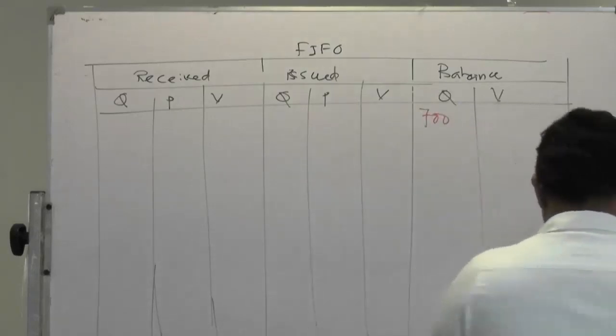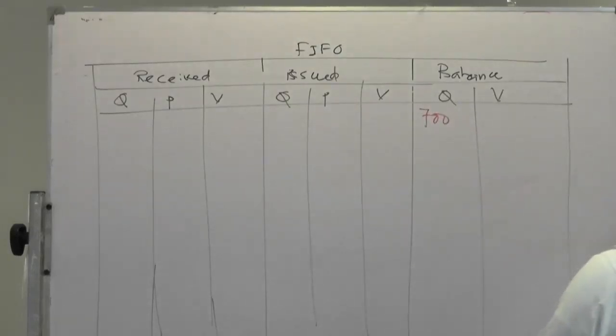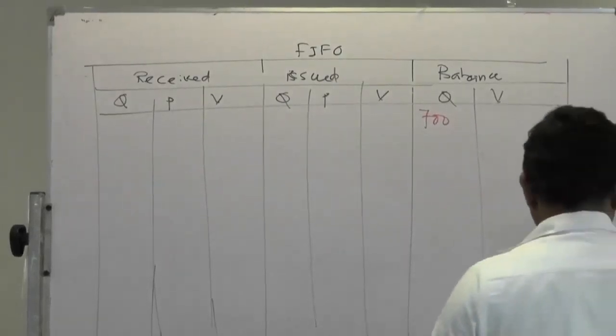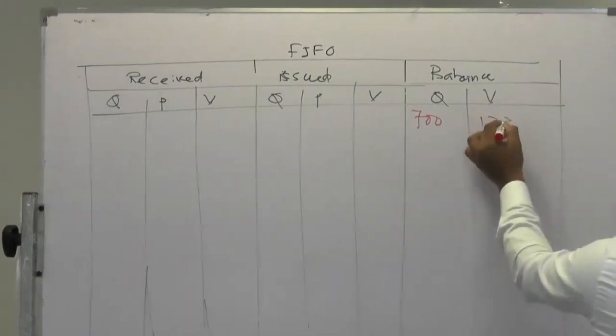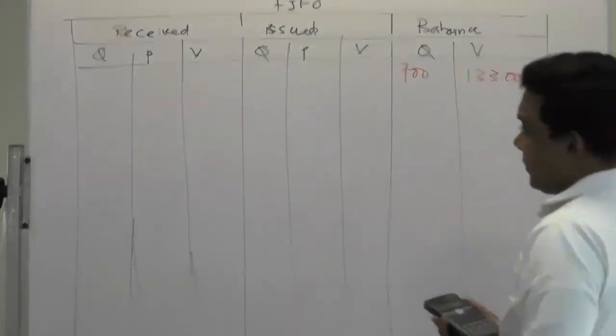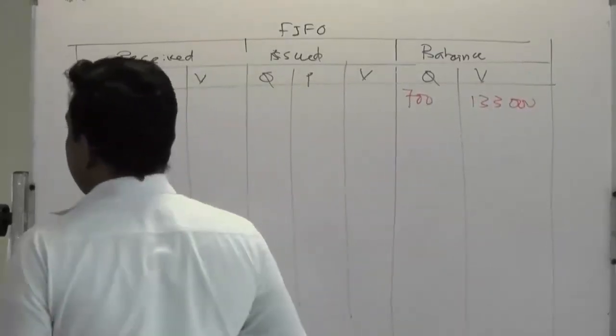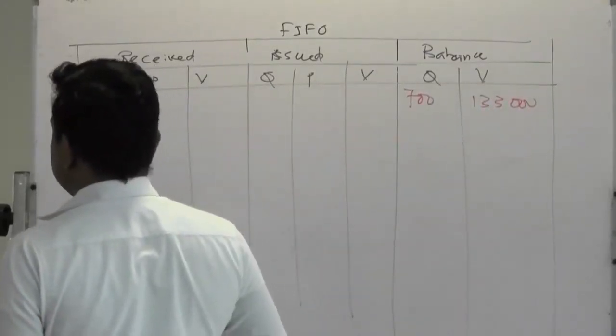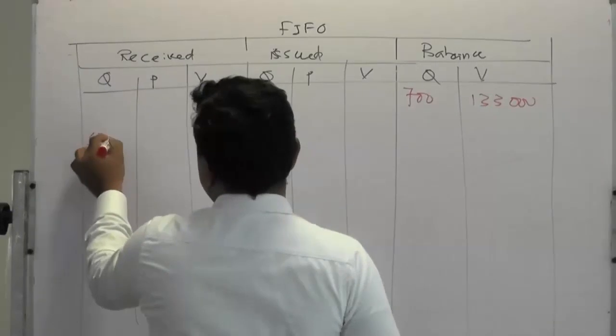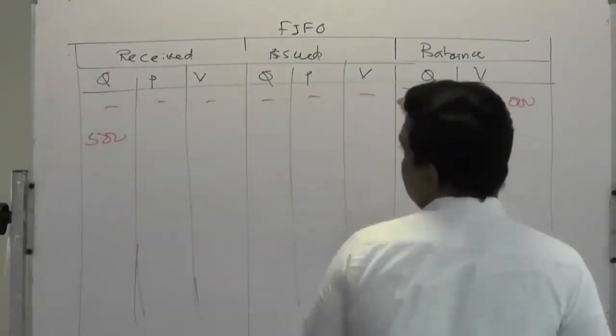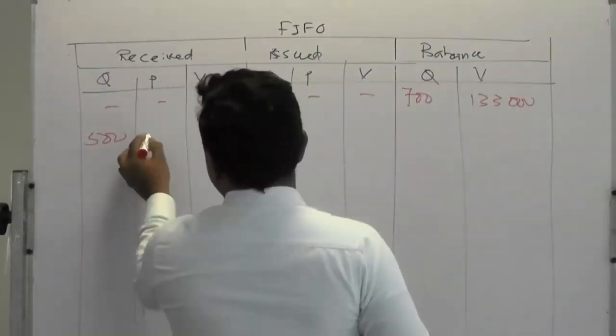190 each, 700 multiplied by 190, therefore value will be 133,000. Then what happened? 1st July, 500 units purchased at 220.